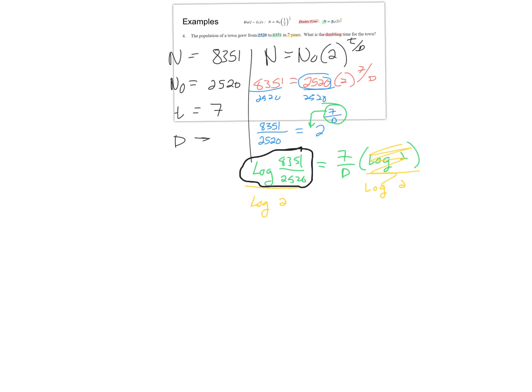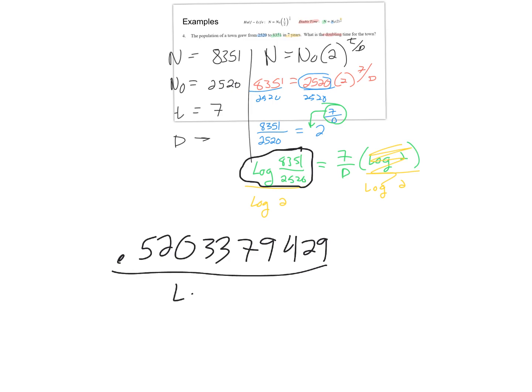So I'm going to do log 8351 divided by 2520. Close the parenthesis and hit equals. I get 0.5203379429. Still divided by log 2 is equal to 7 over D.